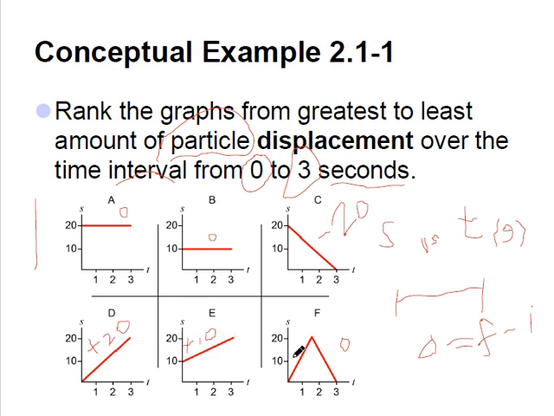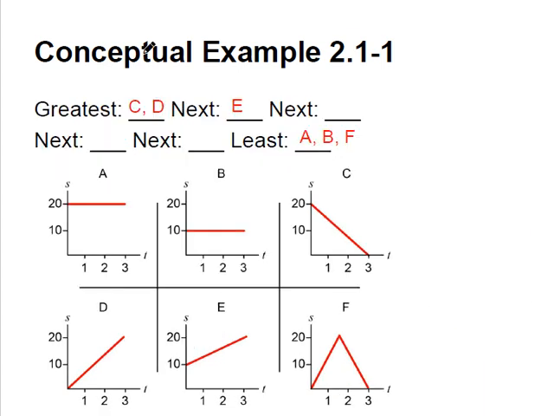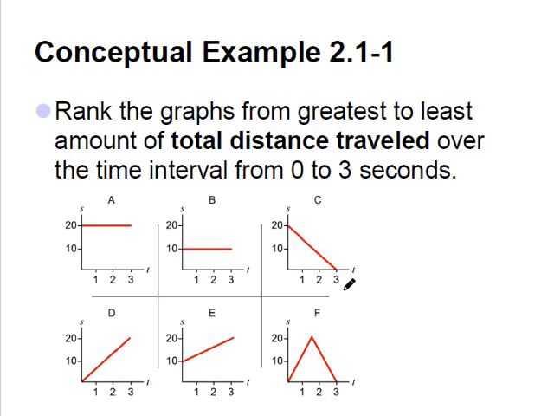And then you're going to rank the rest of them, they're all 0, so A, B, and F. Alright, and of course I gave you the answer in your slide, so you can check your calculations and reasoning. So this is the greatest, second, and then the rest. Then we come to the next one.